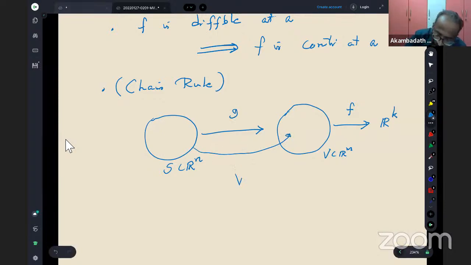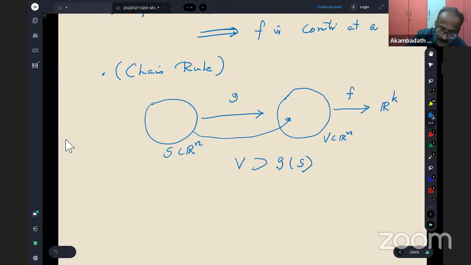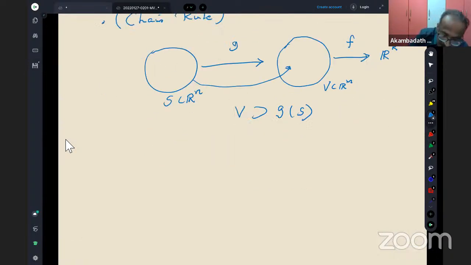That means V contains G of S. So you make appropriate assumptions. So you start with a point here, A, and that A goes to B, which is equal to G of A. So you assume all that.